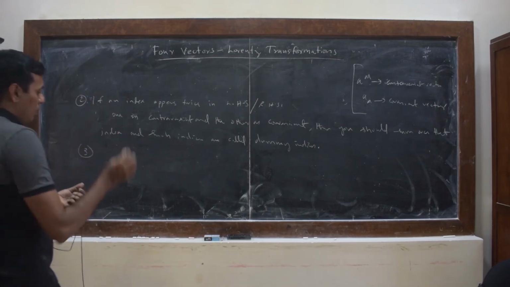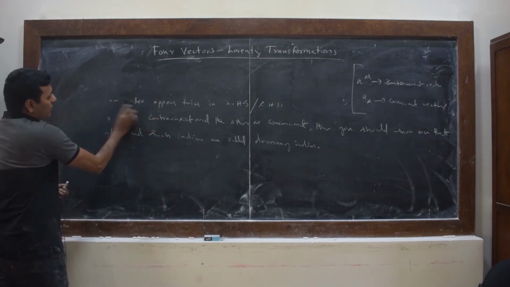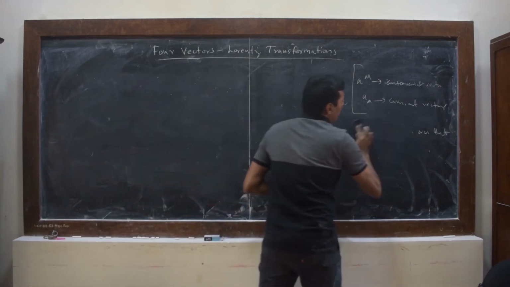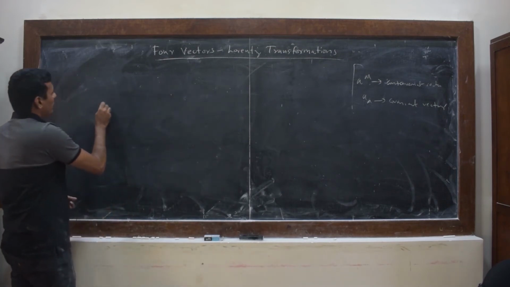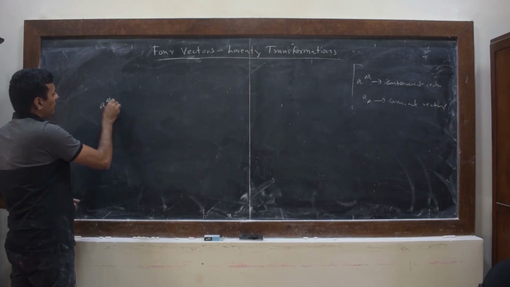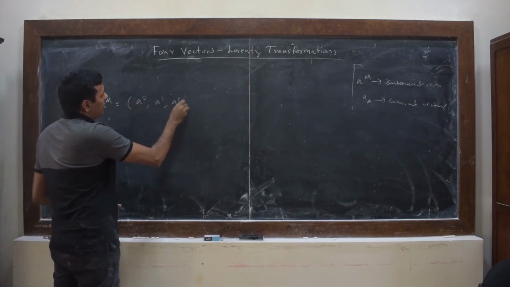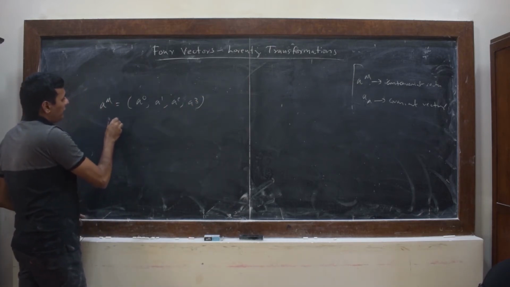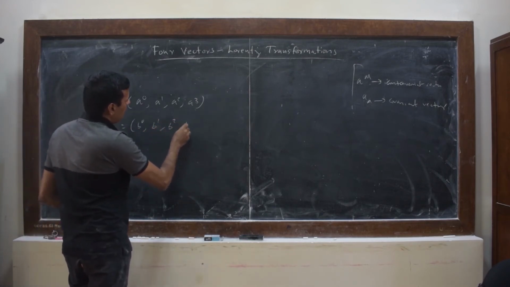So, these are the rules, and with these rules you can now write down, suppose you have two vectors A and B, the dot product of them. A^mu is A0, A1, A2, A3, and B^mu is B0, B1, B2, B3.